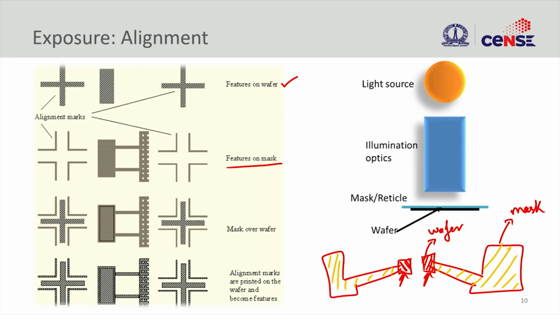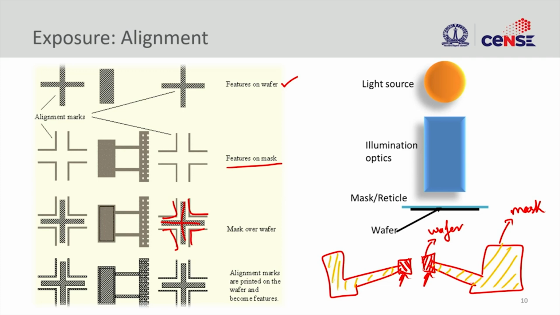That means this is from the mask, this is from the wafer, and this is from the mask. If you can align one on one, then your structure also aligns.